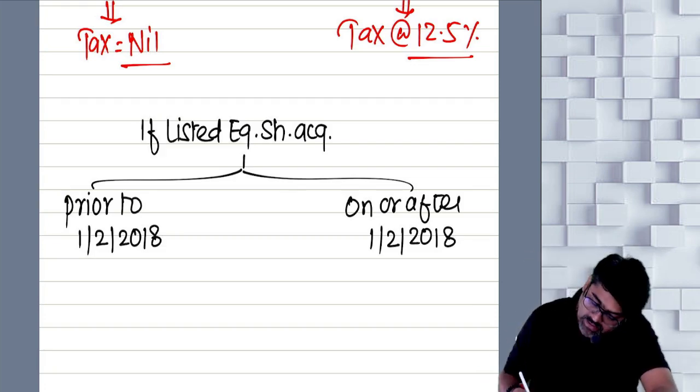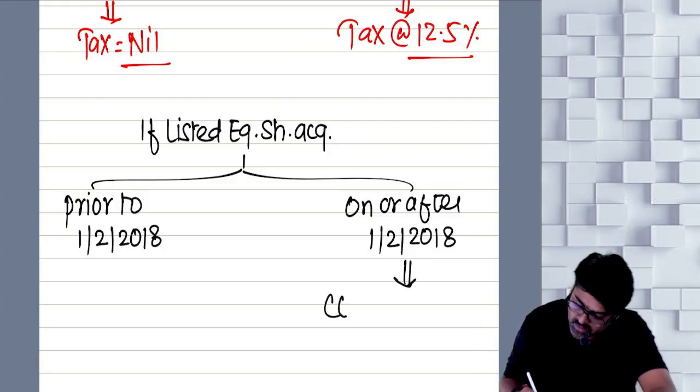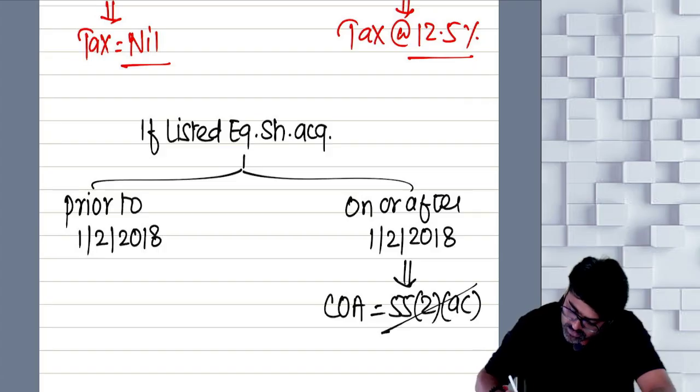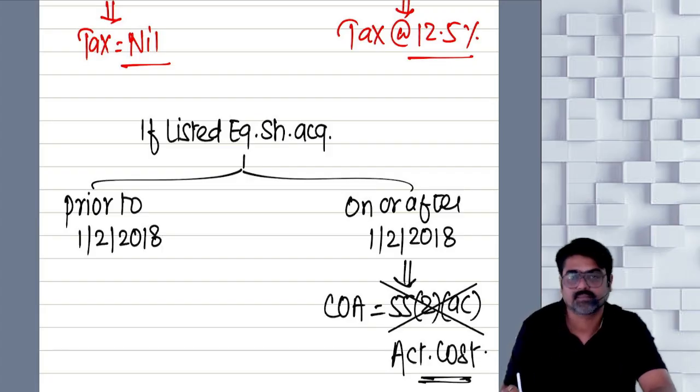Now see, if you had acquired these listed equity shares on or after 1st February 2018, then your cost of acquisition will not be as per 55(2)(ac). 55(2)(ac) will not be applicable. Here, your actual cost only will be treated as cost of acquisition.